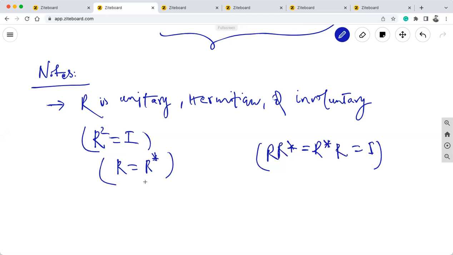And if you combine all these things, effectively we get R equals R star equals R inverse. So this is one particular case.